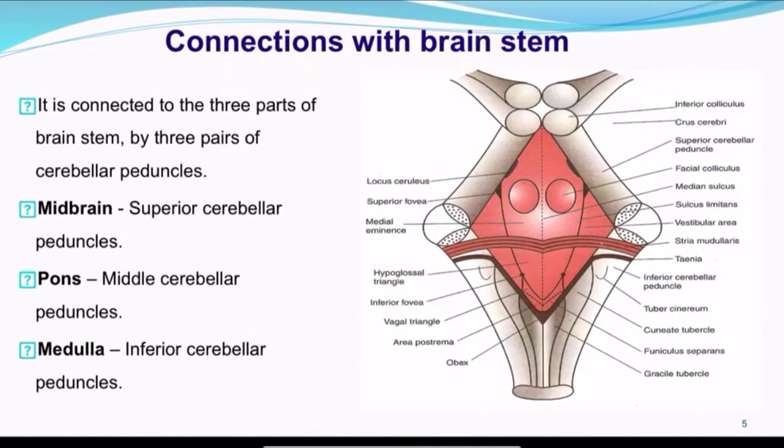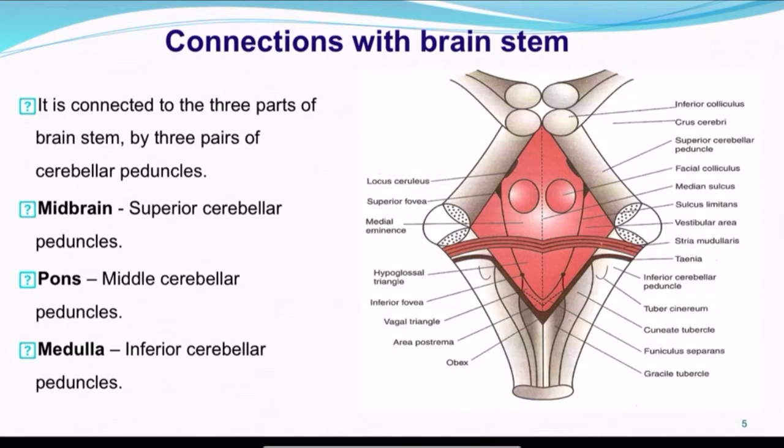The cerebellum has very important connections with the brainstem. We know the three parts of brainstem. From above downwards, the three parts of brainstem are midbrain, pons and medulla. The cerebellum is well connected by means of cerebellar peduncles with the three subdivisions of brainstem. With the midbrain, it is connected through superior cerebellar peduncles. With the pons, it is connected through middle cerebellar peduncles.